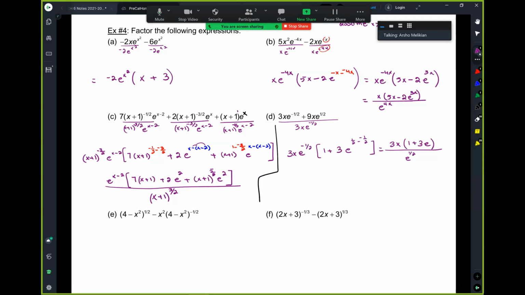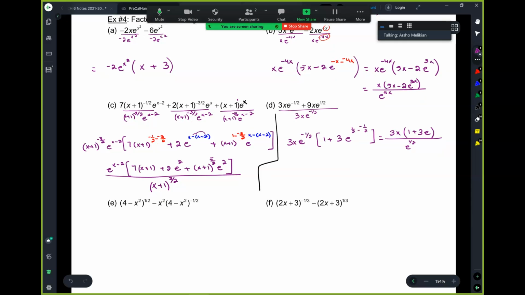Whether you do e to the 1/2 or root e, it's the same, over root e. I would like for you to know that those two in the end are identical. Any of the two will be acceptable on my test or quiz.